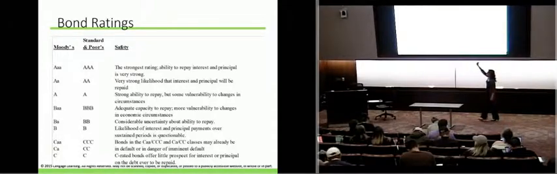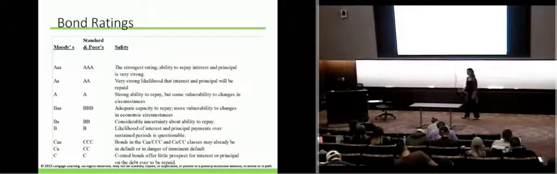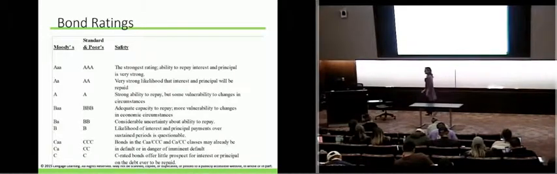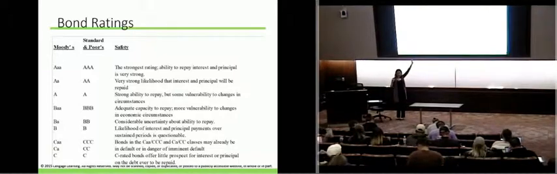Everybody else is going to be below, in the low range, your junk, high risk, high yield. So every contract, when an issuer does an issuance, that issuance gets a stamp, a rating. Every issuance gets a rating.